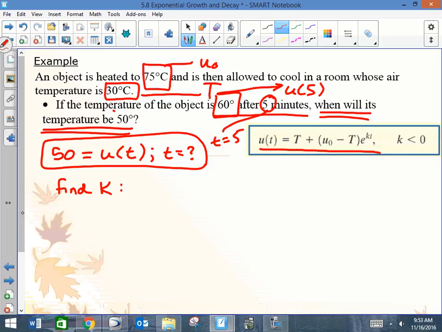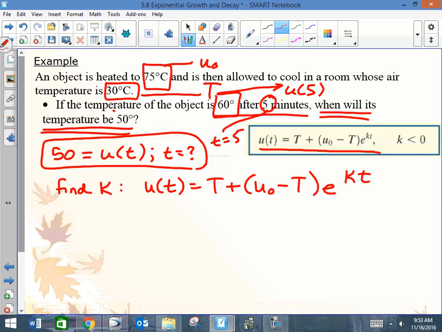All right, so U of T, I think we'll do U of 5, since we have that to work with, equals T plus, I'll put these in here in minutes, and I'll do the generic here. U of T plus U of 0 minus T e to the K T. And we're going to put in U of 5.